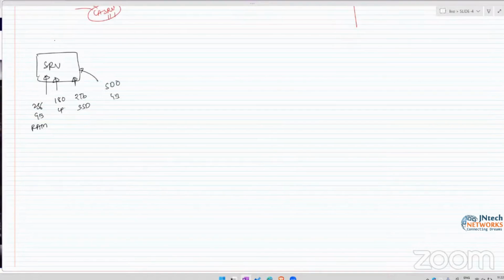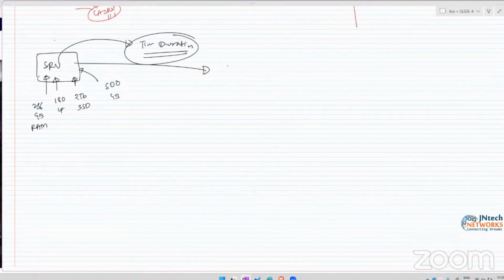So we can easily perform it. But this server will be given for a time duration. If you want to access this server, there is a time duration. In this server, we can perform complete SD-WAN labs.